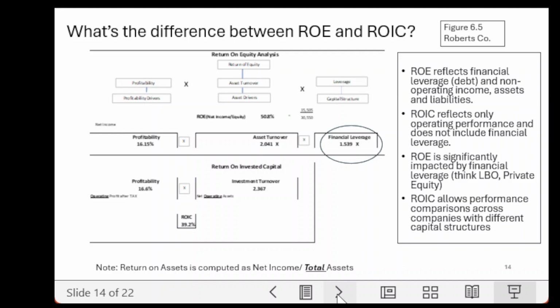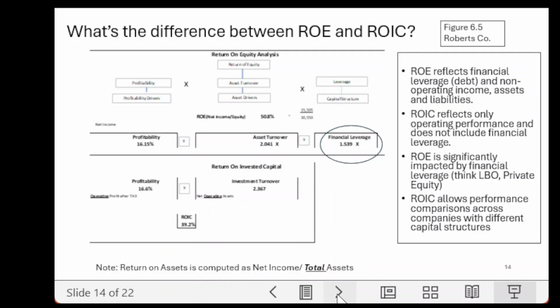So with return on invested capital, we do not consider financial leverage. That is, we're going to look at all invested capital. And so it's going to be profitability times investment turnover. The profitability is going to be operating profits after tax. So it will generally be a higher number than net income, presuming that the company has net interest expense on the debt outstanding.